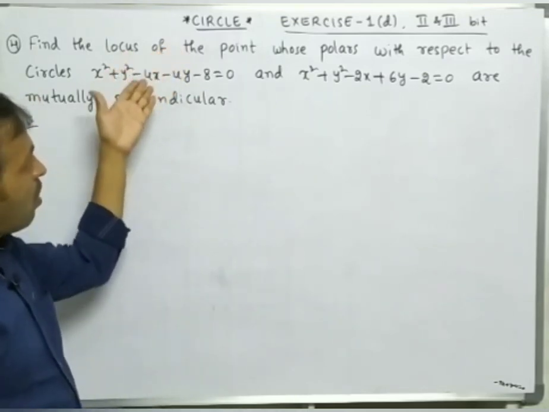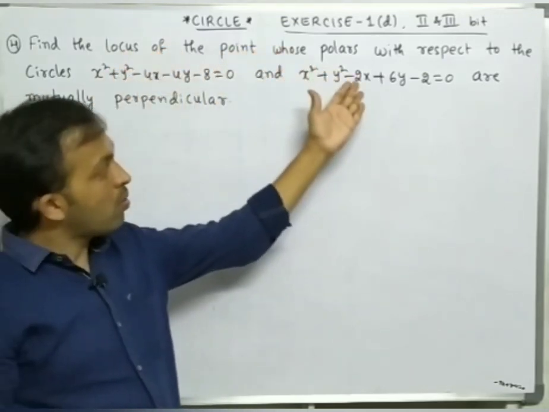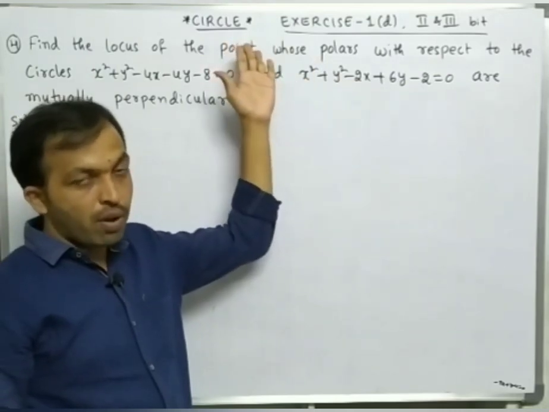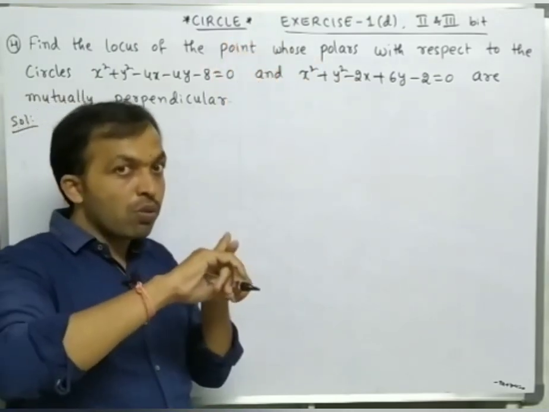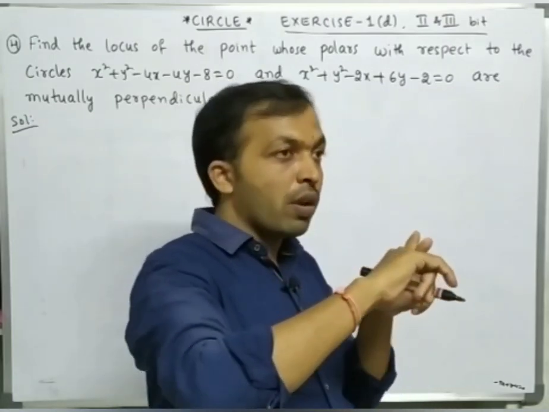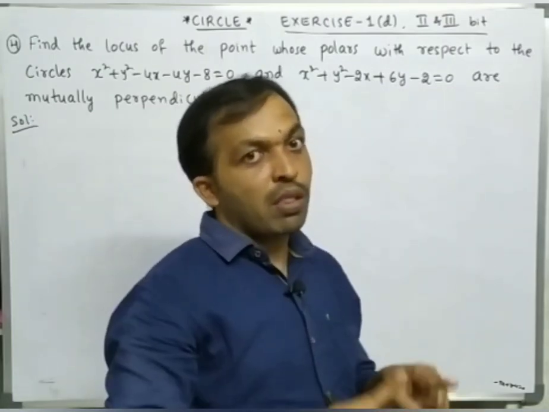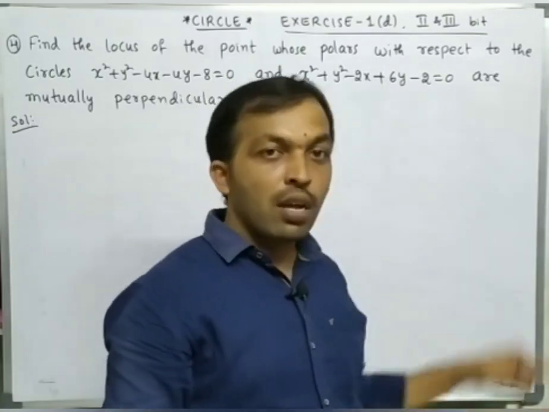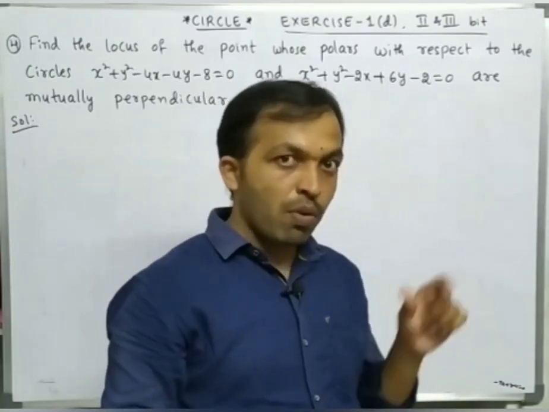So find the polar to this one and the polar to this one with respect to the given point. Those two polars must be perpendicular, in such a way that P is moving. So we should find the path of that point P.